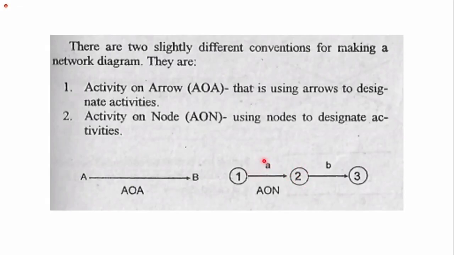And this is activity A. Kung maingon tag activity A, activity on arrow na siya. But if we designate activity 1 to 2, that's activity on node. So usually, atong gamiton is activity on node, kaya dali ra makita sa precedence.